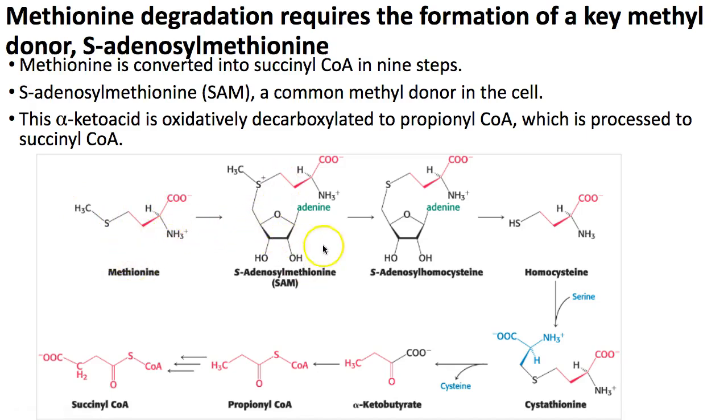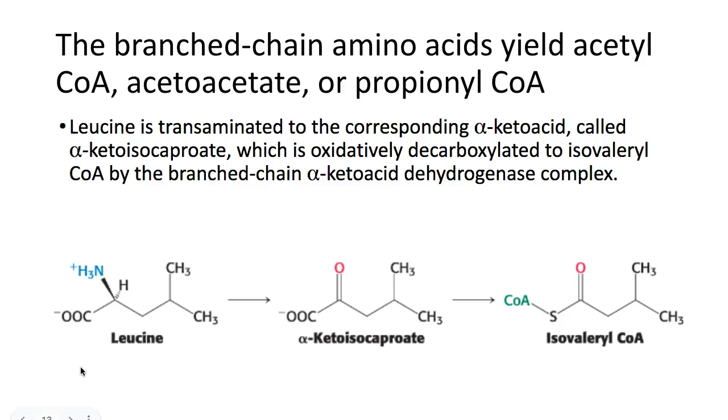It produces what's called SAM for short, which is S-adenosyl methionine, and that is actually a methyl donor in our cells. It goes through, once again, several steps that you do not have to memorize; just be able to follow it. And then you have succinyl coenzyme A.